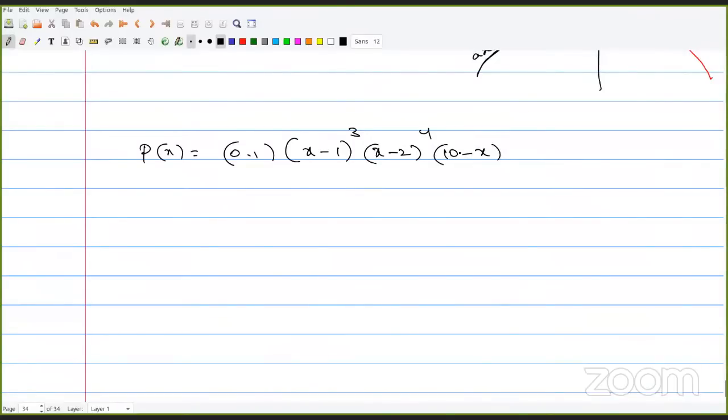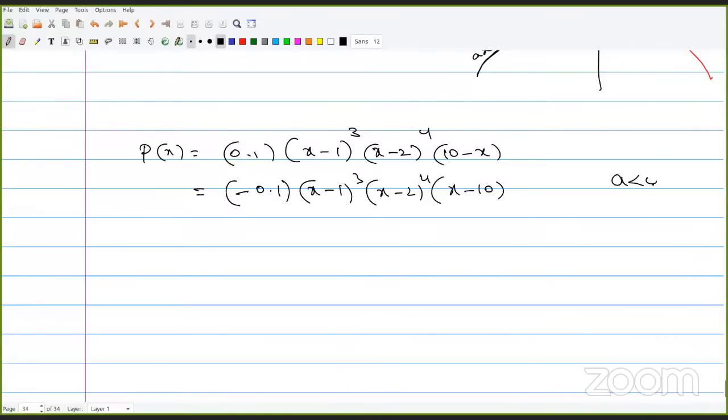Now what you have to do is make it minus 0.1, x minus 1 whole cube, x minus 2 whole power 4, x minus 10. So just make 10 minus x as minus of x minus 10. That minus I brought outside.